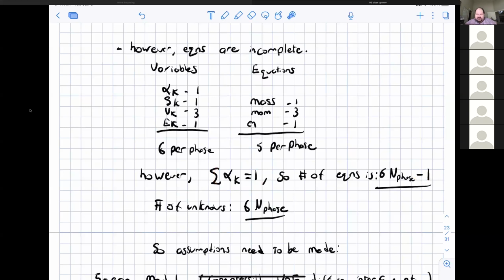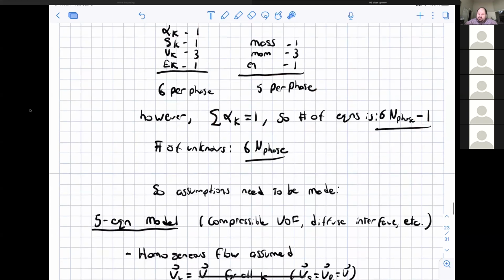We can use this definition here to find the very last one. But at any rate, even if there are only 2 phases, we still have 1 extra unknown, and that is a volume fraction. So there's a compatibility condition here that needs to be made.